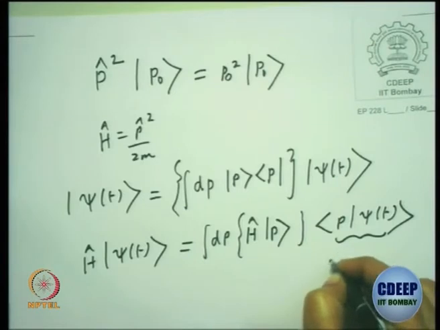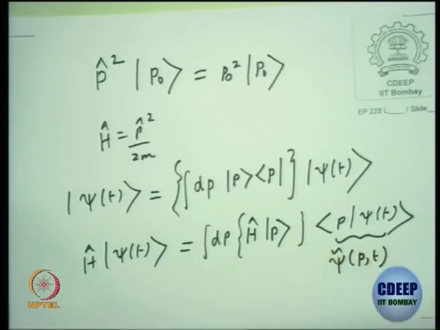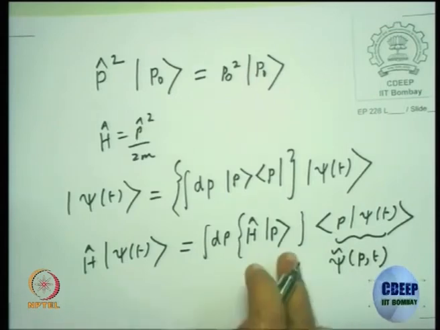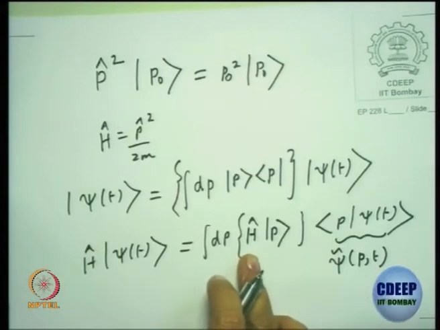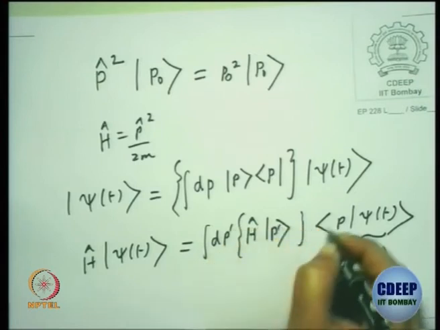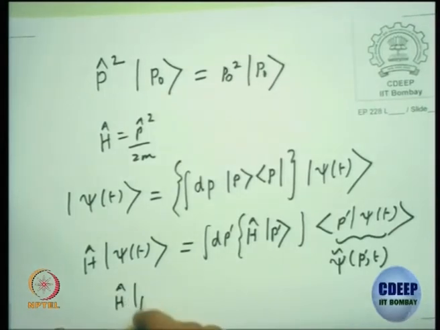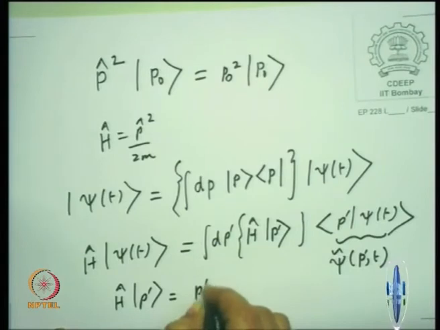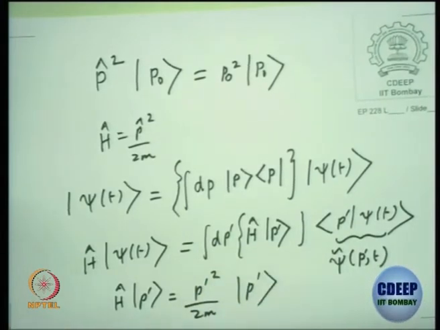So, we will call this psi tilde of p, t, and H on p, for H equal to p squared over 2m, will give you just an eigenvalue. So, p is just a dummy variable. If you want, you can put a p prime, and then you can use the fact that H hat on p prime is p prime squared over 2m on p prime. It is an eigenvalue equation in the momentum space.